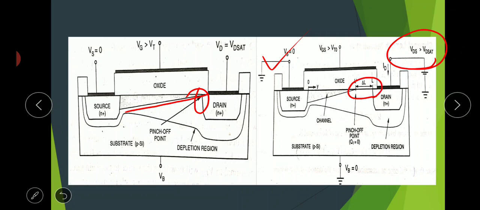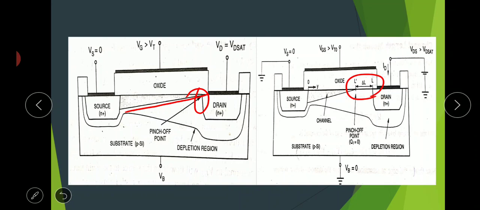So effective channel length means, at this point, what is the channel length, as this one is the channel. If we try to find the length of the channel, then right now the channel length is L dash, equal to previously the channel length L minus delta L, meaning the change in length.